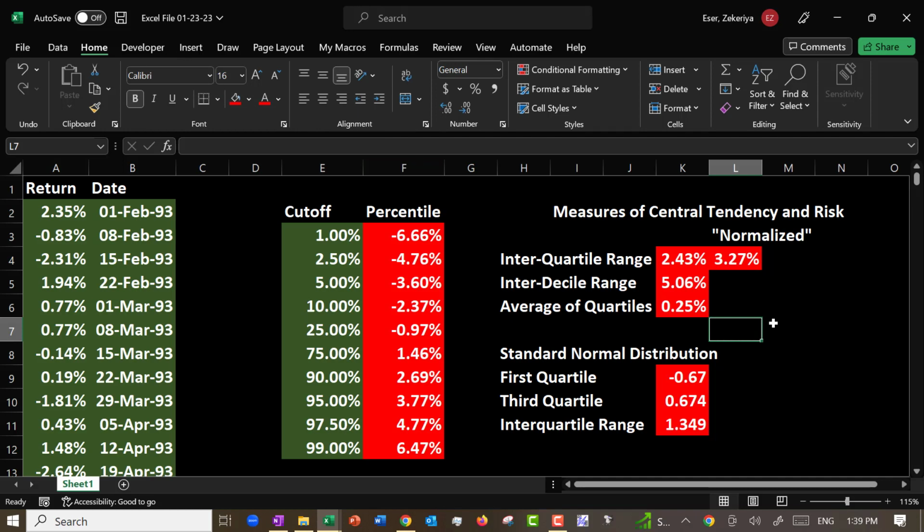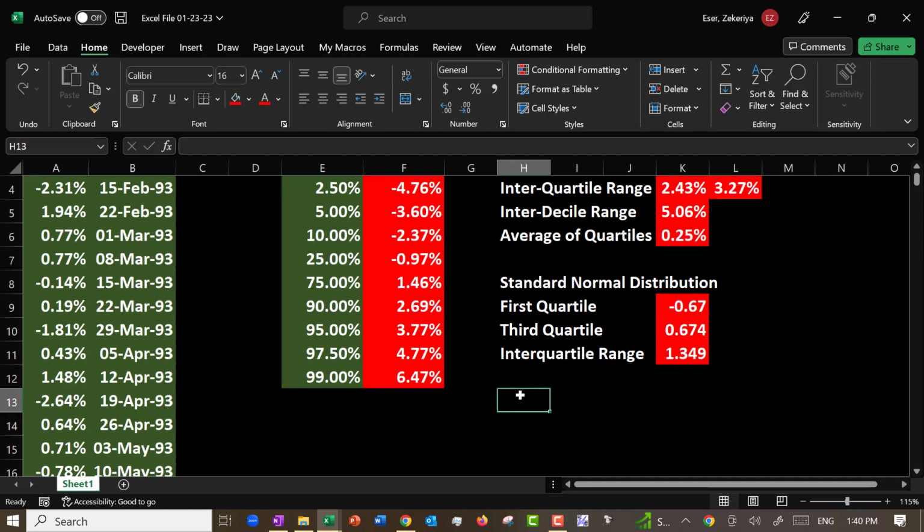The argument that I'm gonna make is, let's get an estimate of mean and standard deviation.